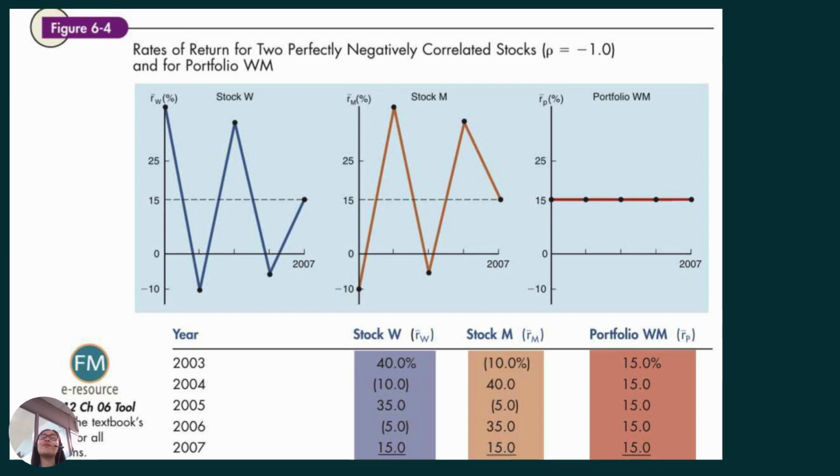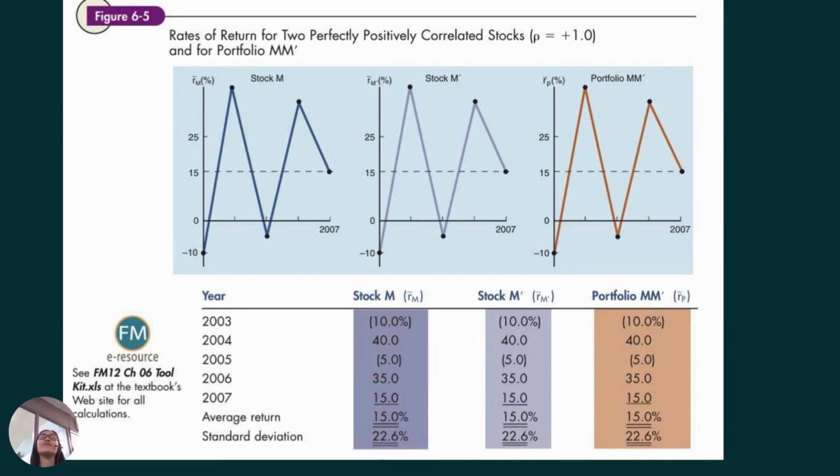Returns on perfectly positively correlated stocks W and M would move up and down together, and a portfolio consisting of such stocks would be exactly as risky as each individual stock. This point is illustrated in figure 6-5, where we see that the portfolio standard deviation is equal to that of the individual stock.